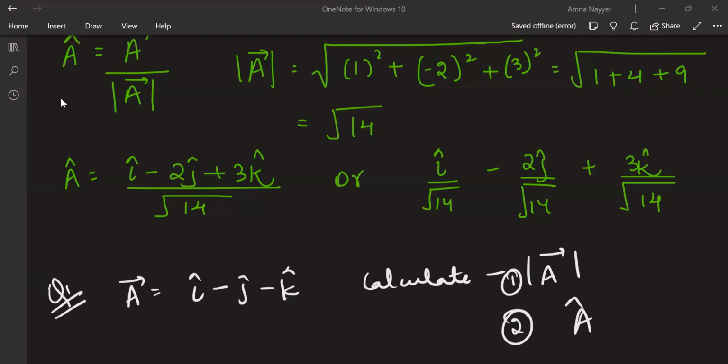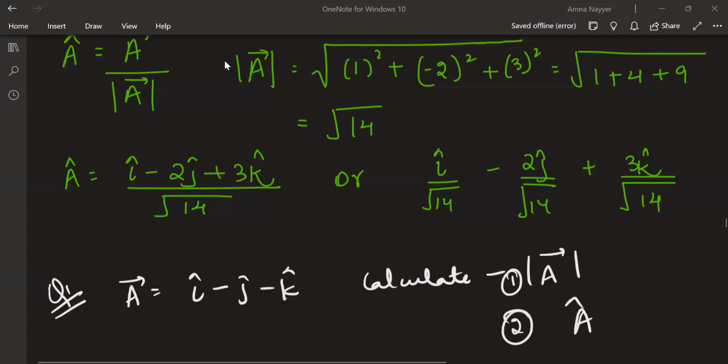Ma'am, for J and K, we take the values as -1 while calculating the magnitude? Yeah, -1.